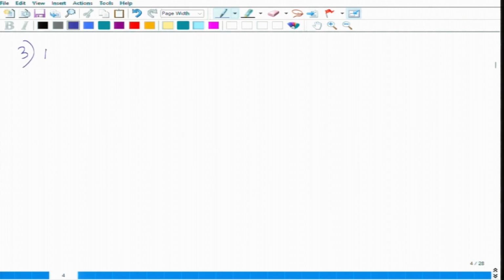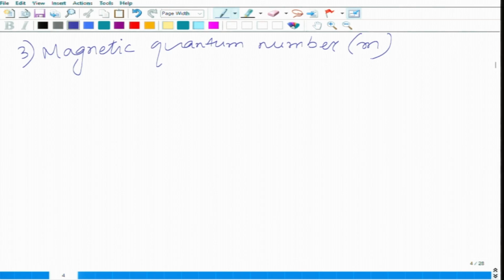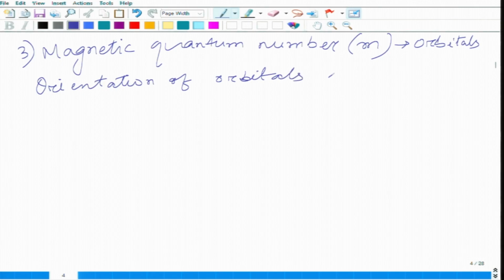The third one was the magnetic quantum number, M. This denotes the orbitals, and it describes the orientation of orbitals in a subshell with respect to the standard coordinate axis.